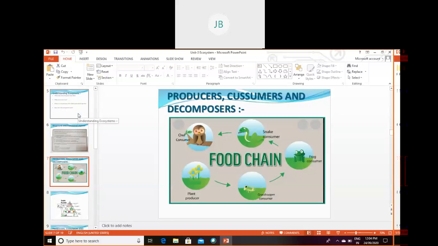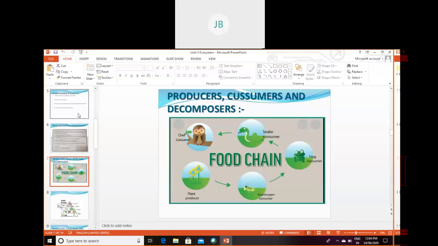Every living organism is in some way dependent on other organisms. Plants are the food producers. Plants are the food for herbivore animals. Herbivores are those who eat only plants, or who depend on plants for their food, and which in turn are food for carnivorous animals.